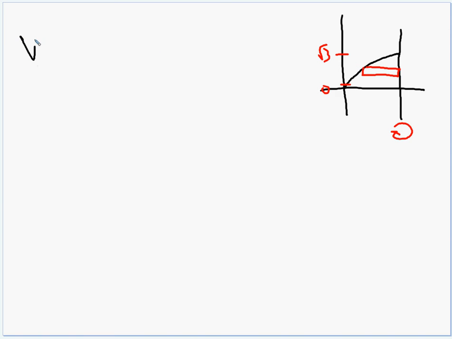So our volume is going to equal pi. We will integrate from 0 to root 3. And remember, for the disk method, it's just some radius squared, because our radius is the height or length of this representative rectangle. And then we're just going to spin it around that axis of rotation.